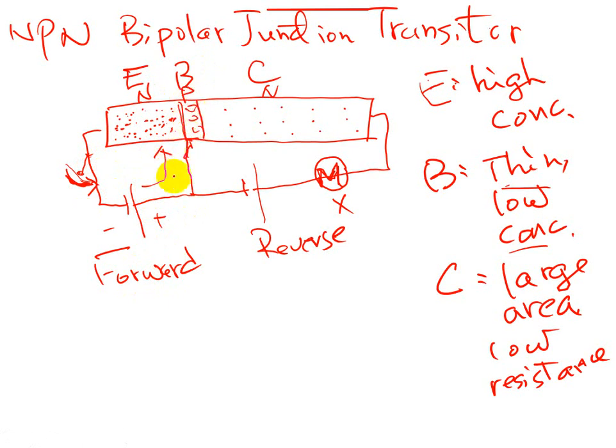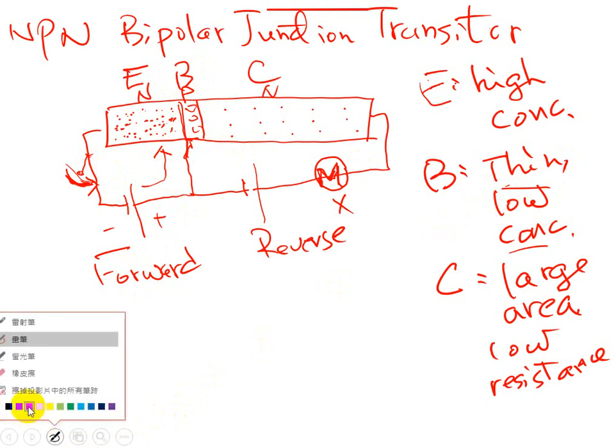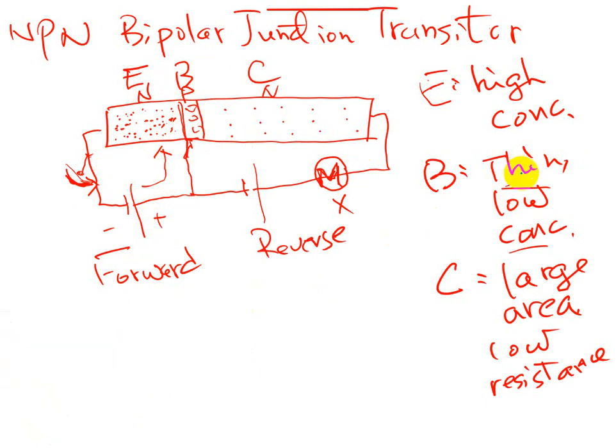to the base. Because the base has only low concentration, you have a small current coming through the forward bias, the small IB, at the forward bias part, for the left-hand side.